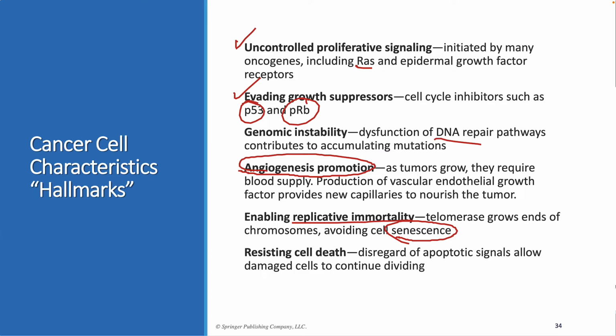They don't follow any directions. They don't have that senescence. And then finally, they resist cell death because they resist those signals from other cells to stop dividing, and they just keep dividing ad infinitum.